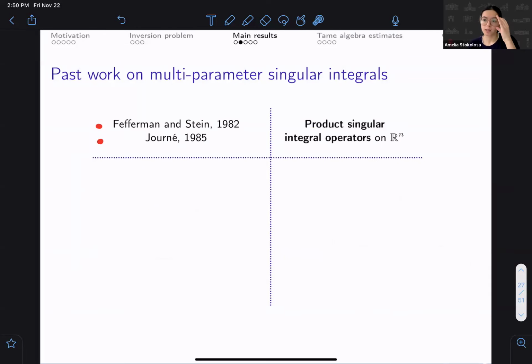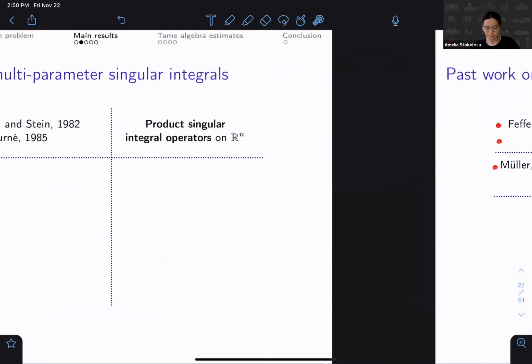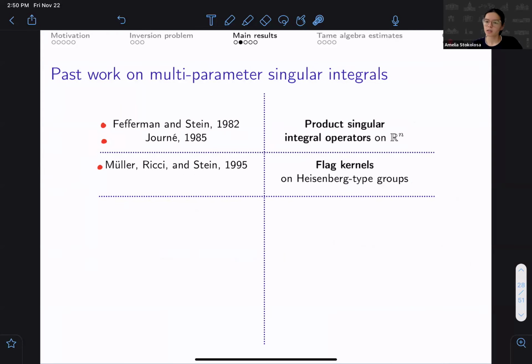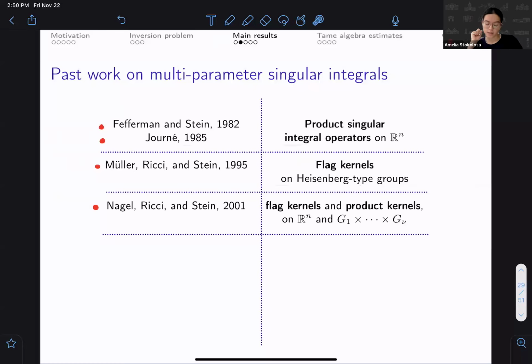Before I move on, I should also mention some past work on multi-parameter singular integrals. Multi-parameter singular integrals were first studied by Fefferman and Stein and Journé in 1982 and 1985, in the Euclidean setting, where they took R^n and decomposed it in certain ways. Ricci and Stein studied flat kernels on Heisenberg-type groups, so a non-commutative setting. Nagel, Ricci, and Stein in 2001 studied flat kernels and product kernels in the Euclidean setting and on the direct product of homogeneous groups.